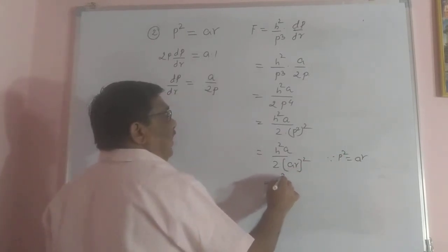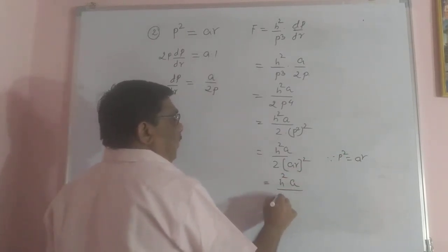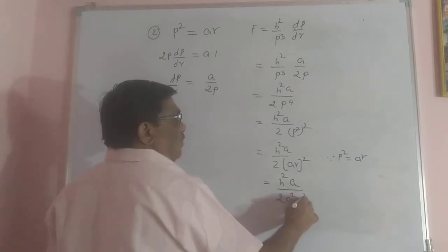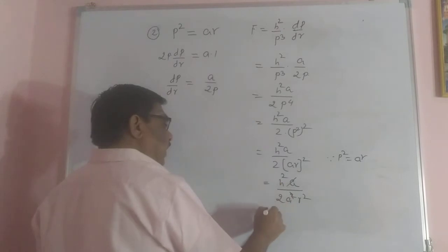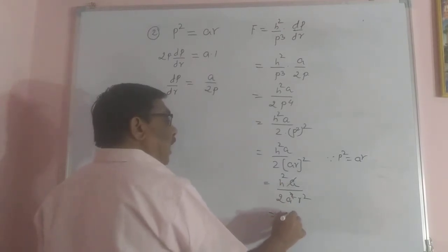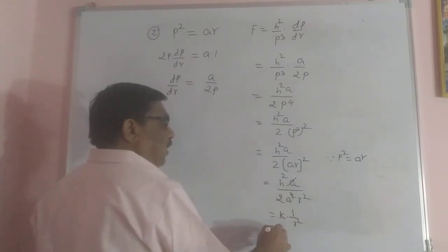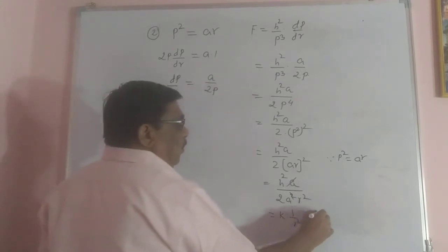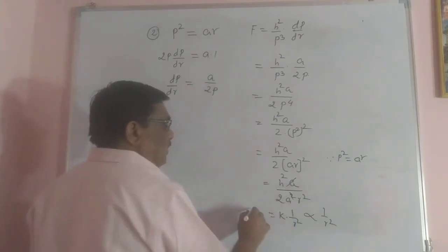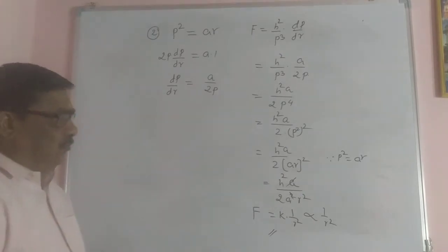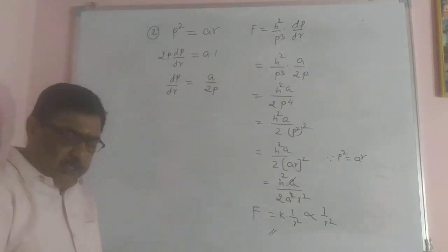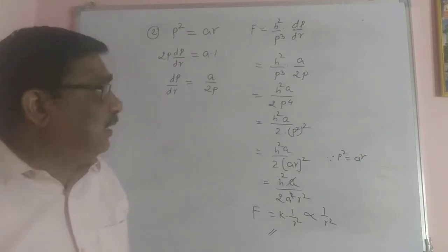So this is h square a divided by 2a square into r square. 1a cancels. All these terms I can write as a constant, and it is 1 by r square. Remove the k. It is proportional to 1 by r square. That is the law of force. It is inversely proportional to square of the radius vector.